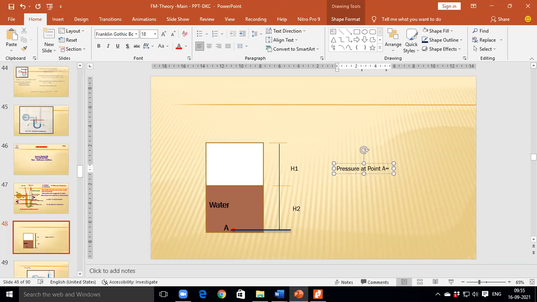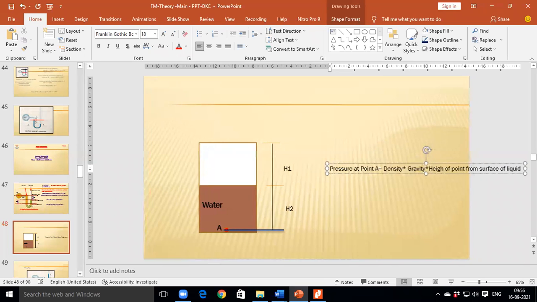There is one formula, that is density times acceleration due to gravity times height, where height is the height of the point from the surface of the liquid.